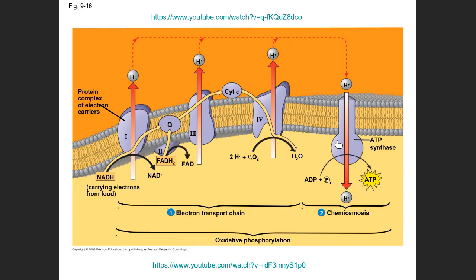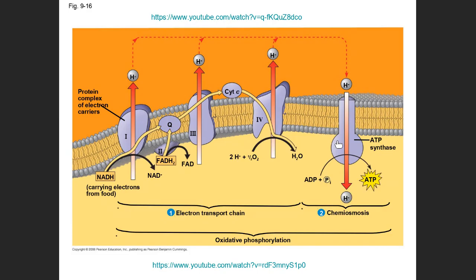I mean, that would make an excellent exam question, don't you think? When the electrons are donated at the beginning of the transport chain, the maximum number of hydrogens get pumped, which means the maximum number of ATPs get made.